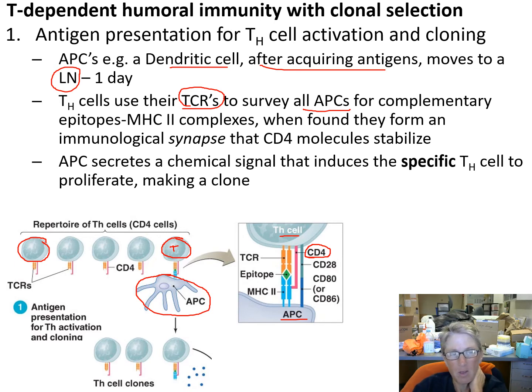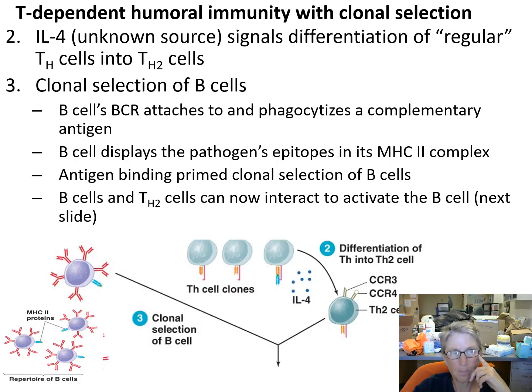And then it says the antigen presenting cell secretes a chemical signal that induces the specific helper T to proliferate, making a clone. So it doesn't really show it here, but this antigen presenting cell would secrete some cytokines that would bind to this T cell to help it along its path of differentiating into a clone.